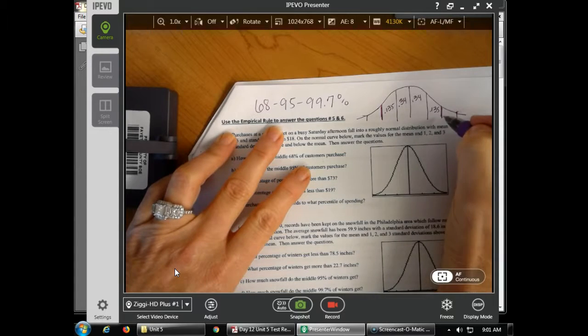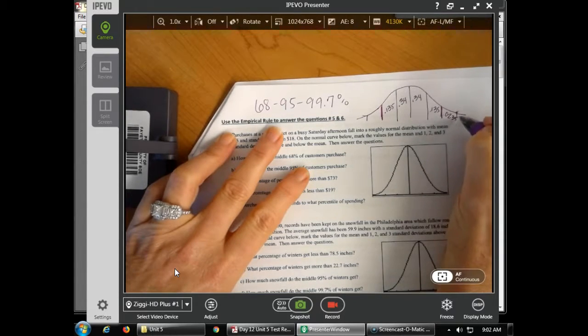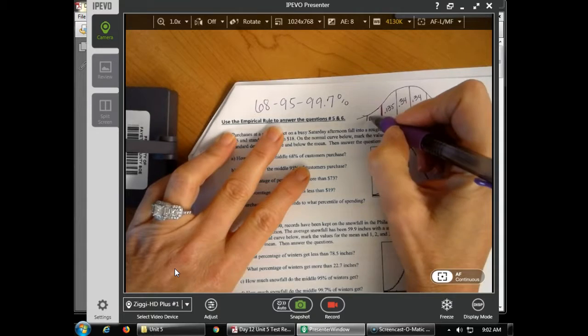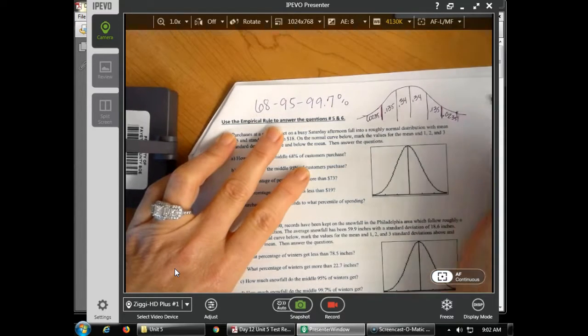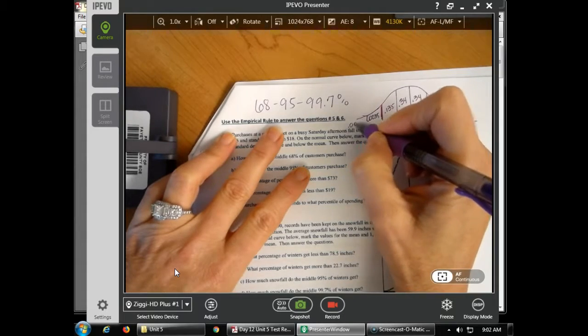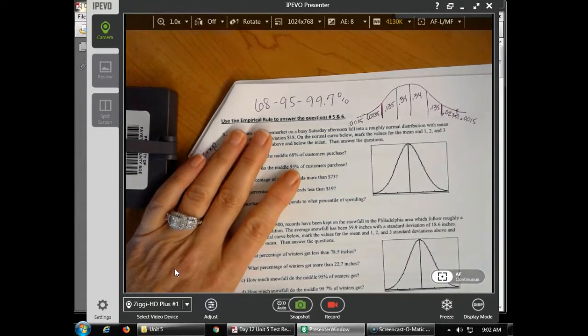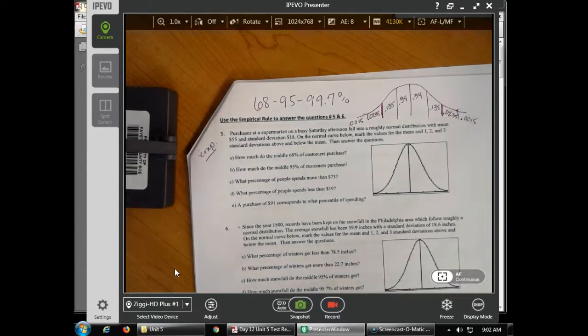So 0.0235, which is I think what somebody said. Jack, was that you? And then in this little bitty tail you have 0.0015. Now that you just have to memorize. And it's nice and neat on a handout that I gave you last week.